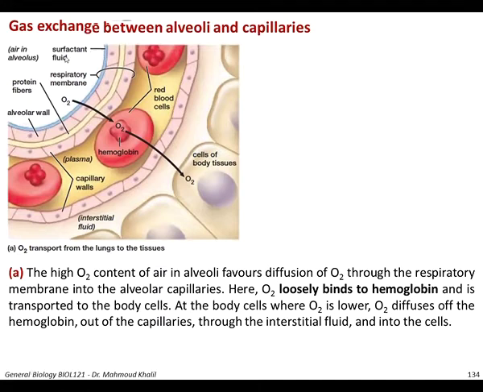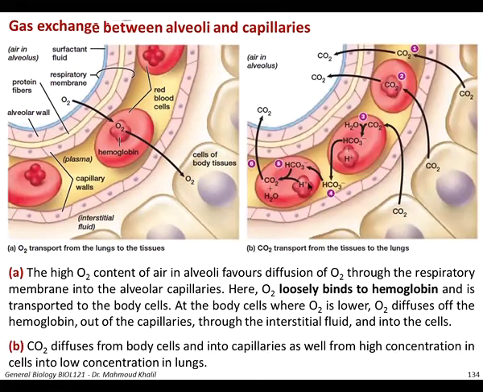You can see as well the surfactant fluid that provides the moisture of the respiratory membrane. Here the oxygen, once it's internalized into the blood cell, will be loosely bound to the hemoglobin. Why is it important to be loosely bound to hemoglobin? This loose binding will help in the process of giving oxygen to the tissues.